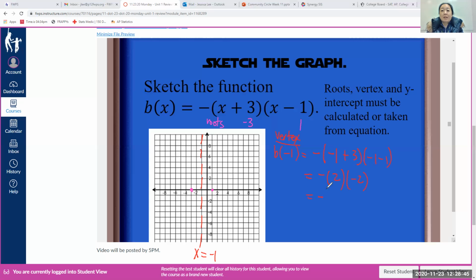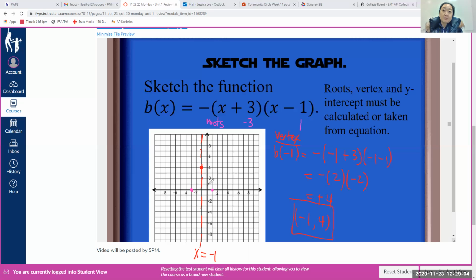And this is going to be positive 4, because negative times positive... negative times negative is positive. So our vertex, if we leave it like this, is wrong. You need to write it as a point, because vertexes are points: (-1, 4). We're going to go over here to -1 and +4.